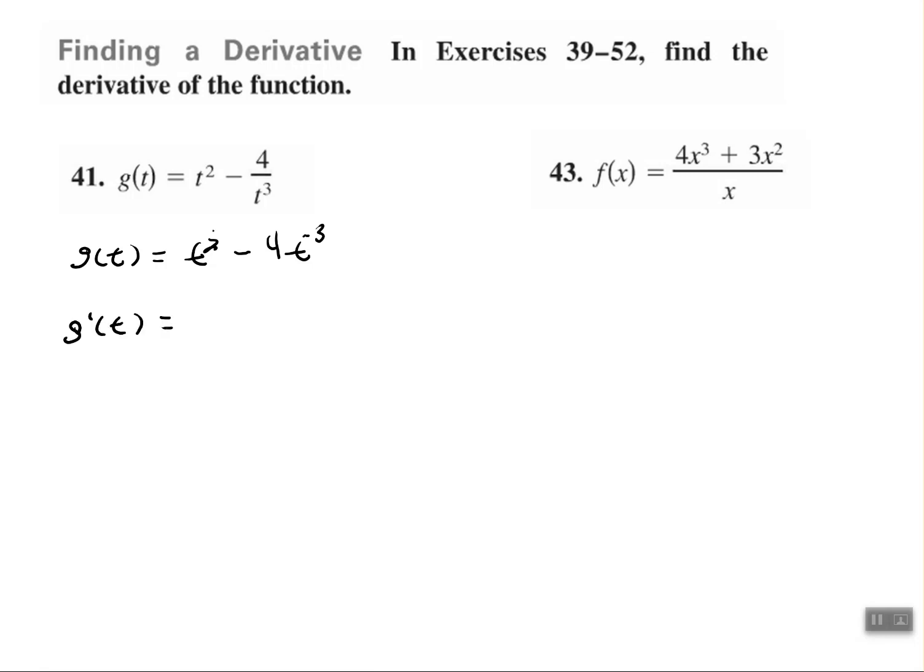So g prime of t is 2 times t, subtract 1 from the exponent. And then you have negative 3 times negative 4, so that's going to make positive 12. And if I subtract 1 from that exponent, that's going to give us t to the negative fourth. Okay, and then let's clean that up a little bit. So g prime of t equals 2t plus 12 over t to the fourth.